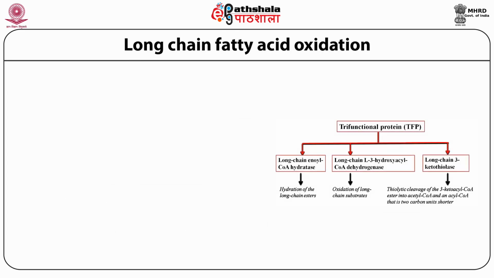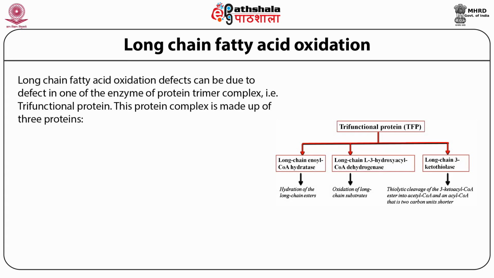Long-chain fatty acid oxidation. The long-chain fatty acid oxidation defects can be due to the defect in one of the enzymes of the protein trimer complex, or the trifunctional protein, TFP. This protein complex is made up of three protein units.